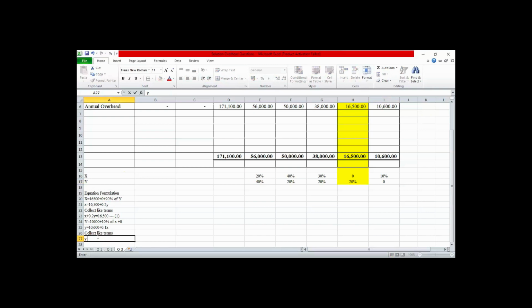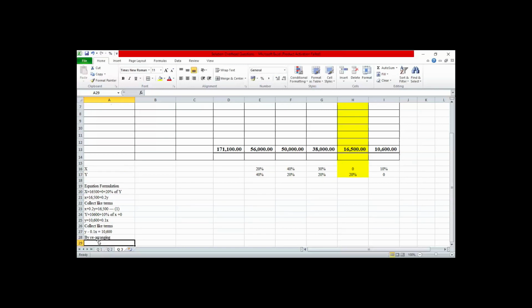I will now collect like terms and say that I have Y minus 0.1X equals 10,600. Now by rearranging, to be in line with what?